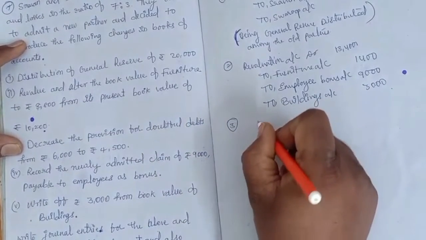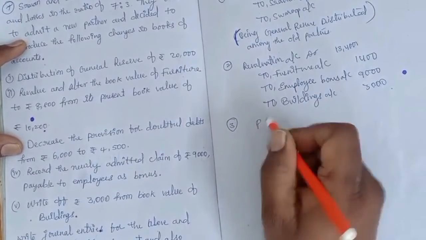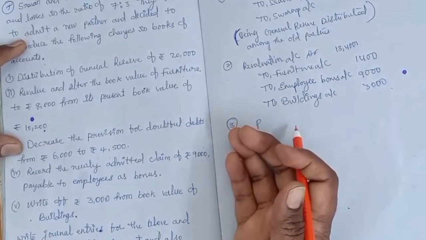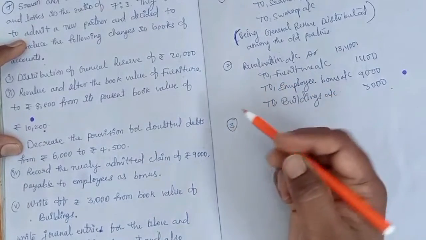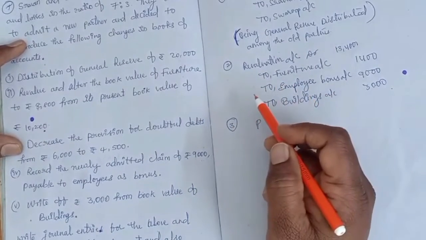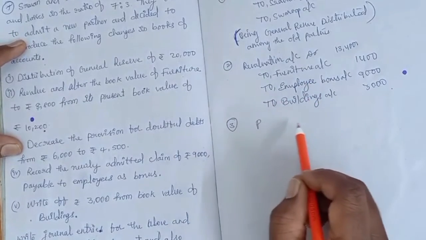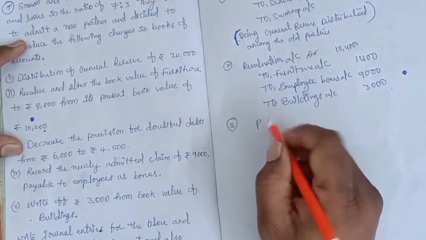What are we going to write here? Provision, because whatever gains are incurred by the firm need to be credited to the revaluation account, not debited. You debit all the expenses and losses and you credit all the incomes and gains.